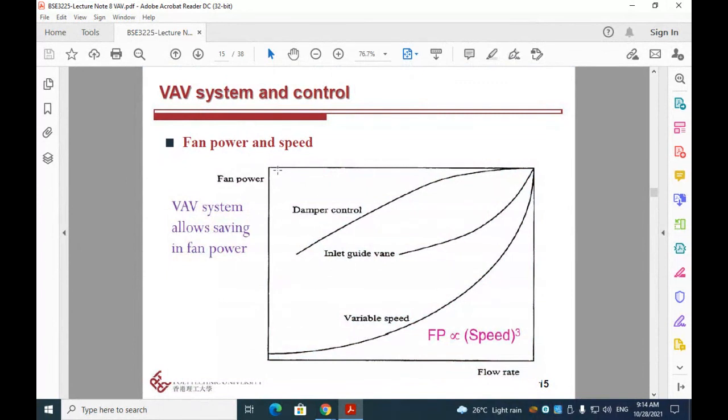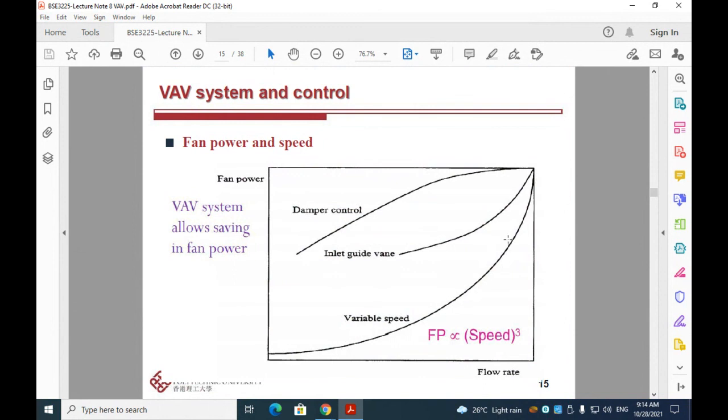This figure shows the relation between the fan power and the flow rate. You can see that you can change the flow rate or change the fan power by damper control, as illustrated by this line, or by inlet guide vane, as illustrated by this line, or you can change the fan power and the flow rate by variable speed, as illustrated by this line.